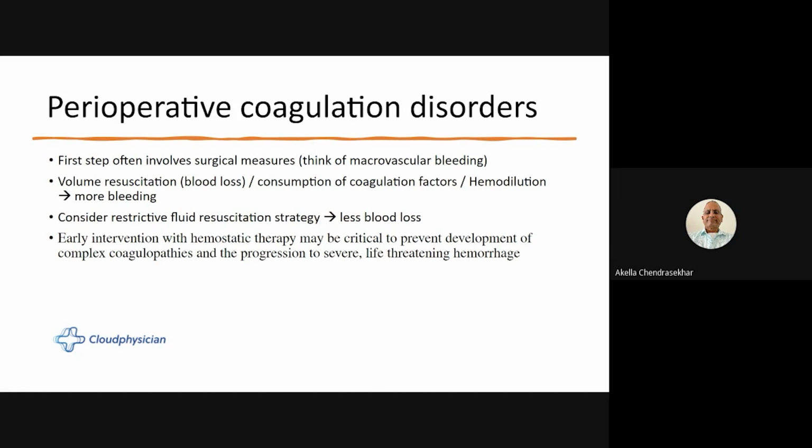So you've got to tell the surgeon, come back and have a look. I'm a surgeon myself, I can tell you my first response: oh, it's not bleeding in the belly. Of course, it can be. They're going to say, oh, it's probably not macrovascular bleeding. Please have a look. Very important, especially if it's early on after surgery.